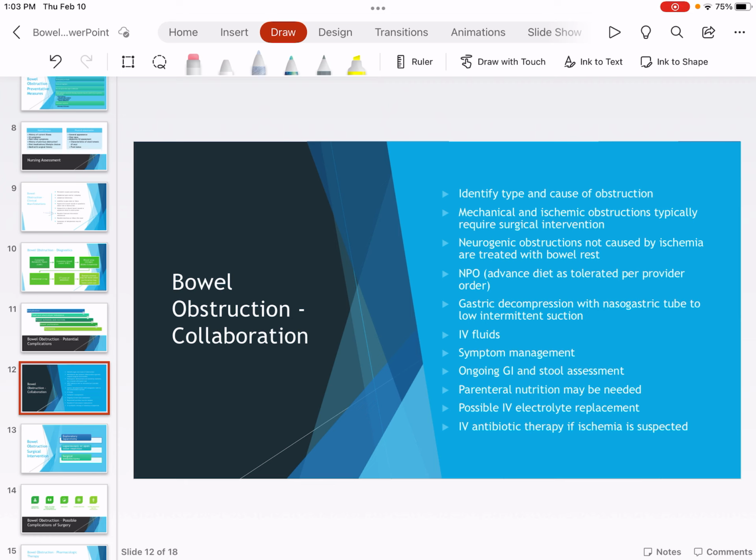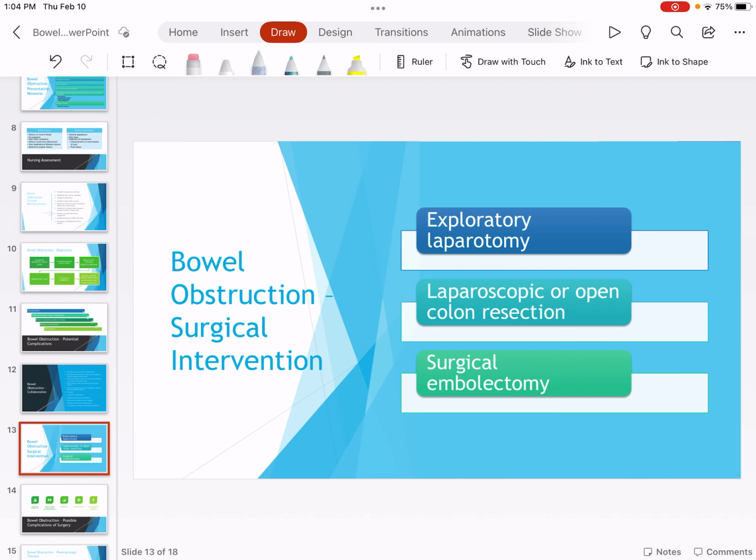And then stimulant laxatives can be used on a temporary, maybe one-time basis for episodes of constipation. An example is Bisacodyl or Dulcolax.